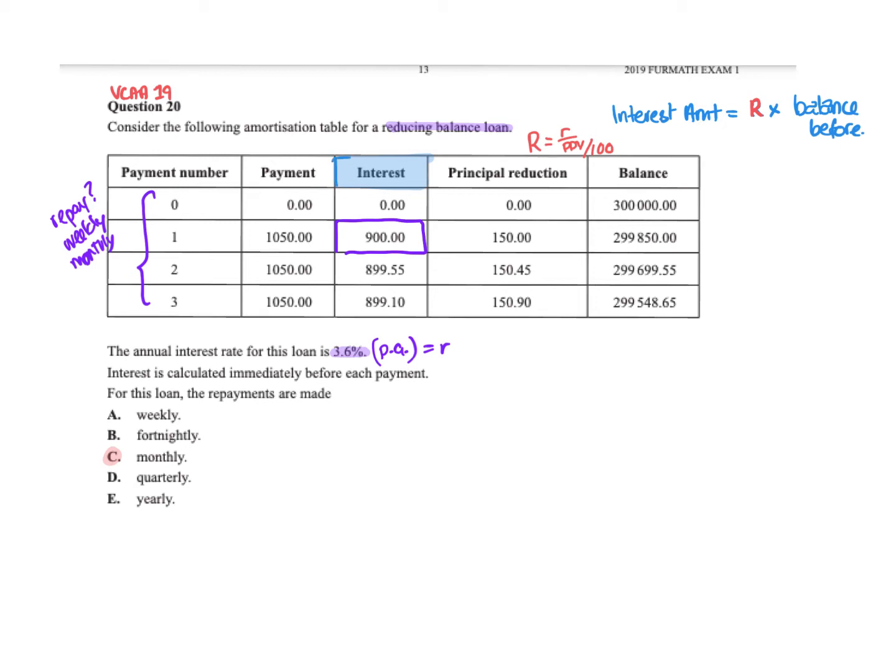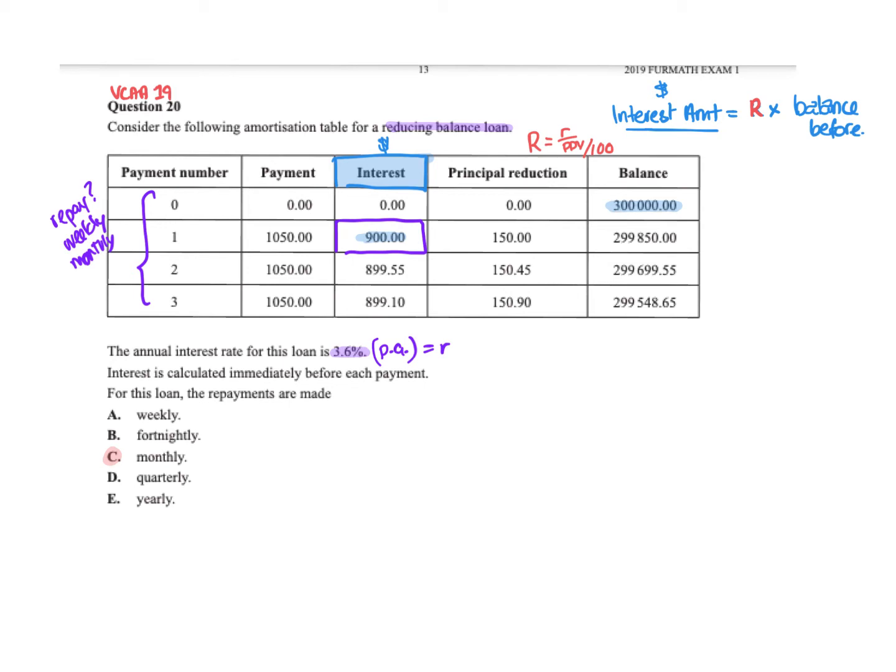Now, when you have an amortization table, the interest amount, so you can see this is the interest amount, you can use this formula. You used the rate and you times it by the balance before.